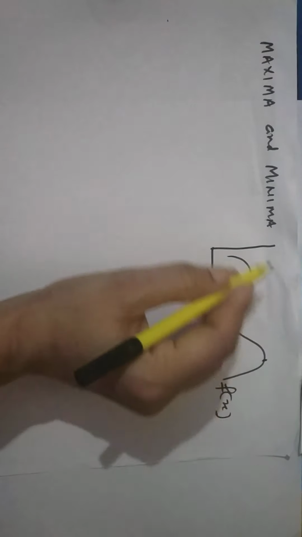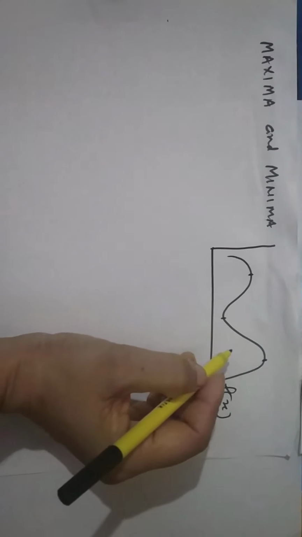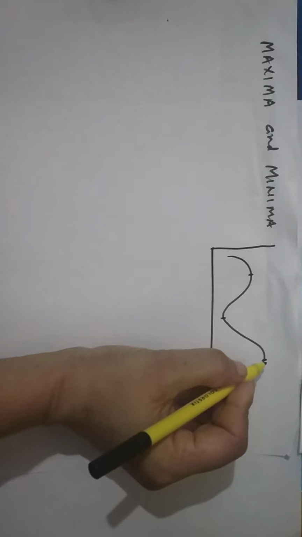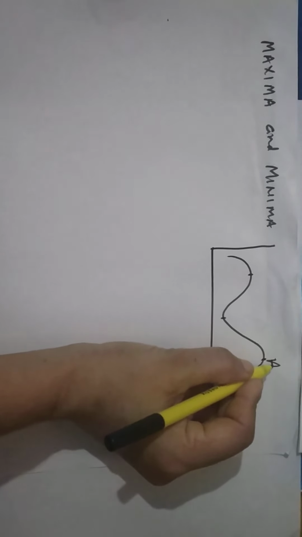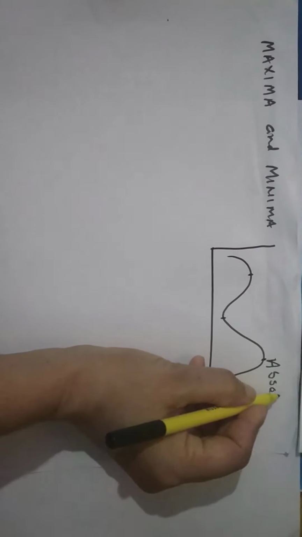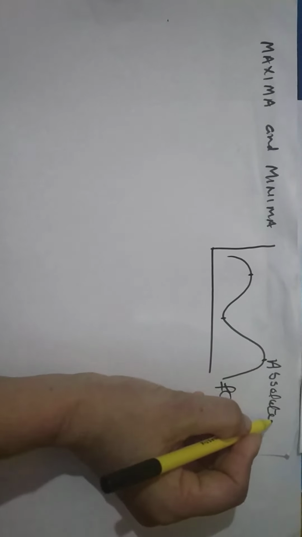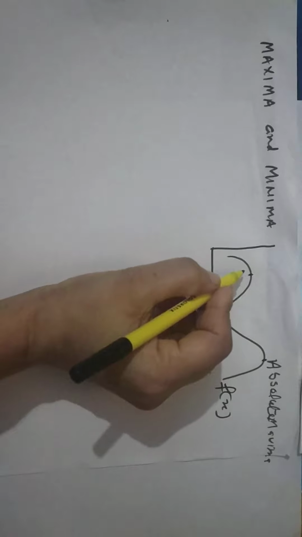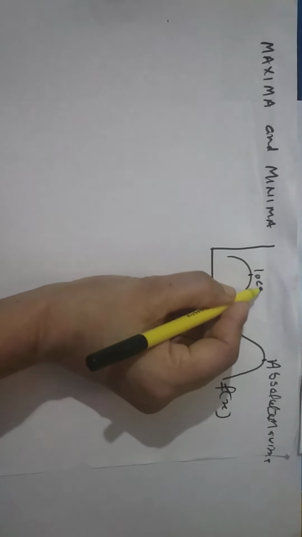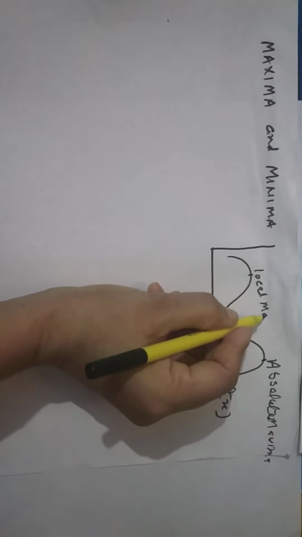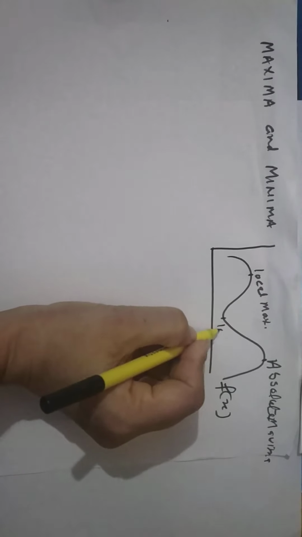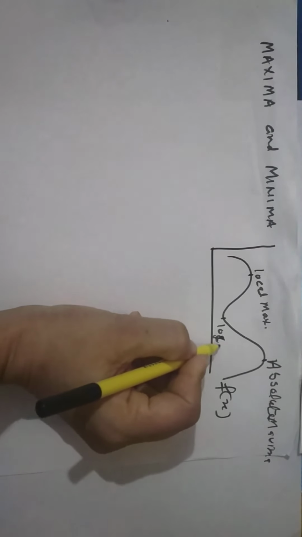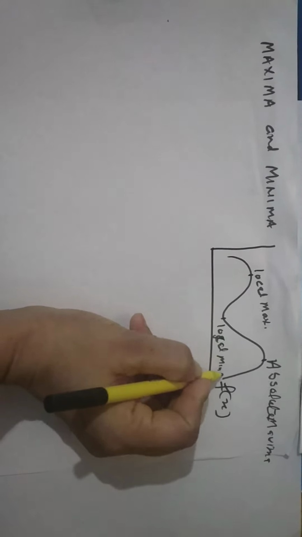The highest among all the local maximum values is called the absolute maxima. So this is the point of absolute maxima. This is local maxima and this is local minima.